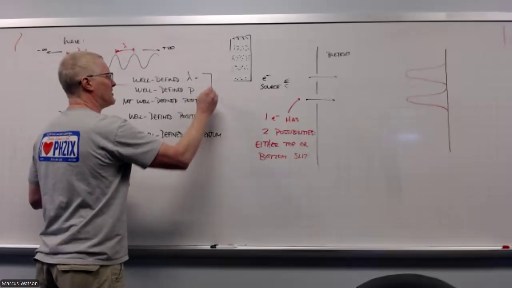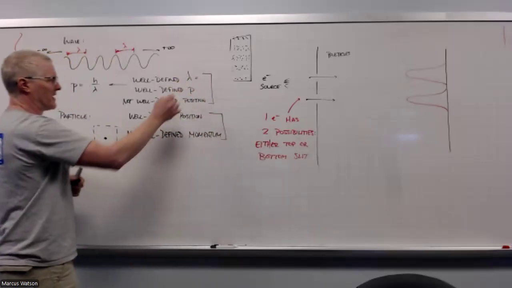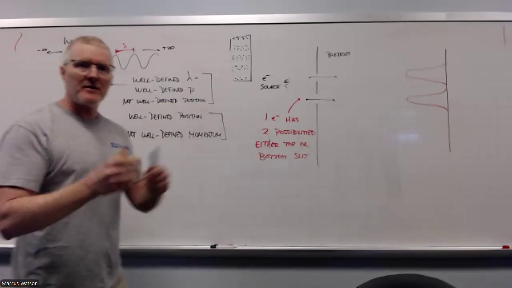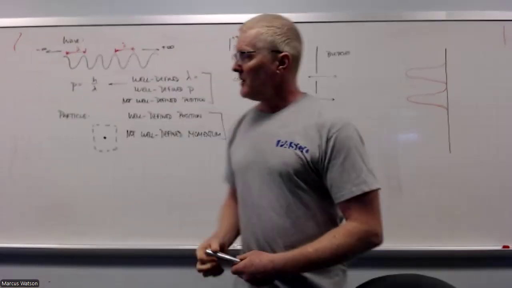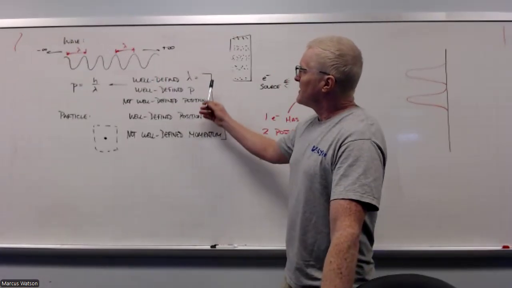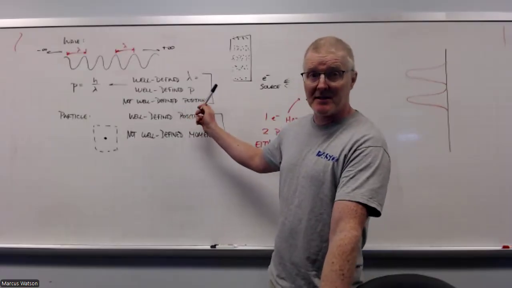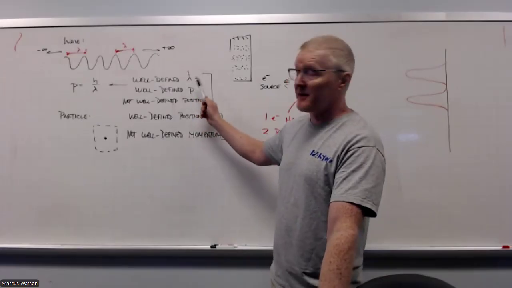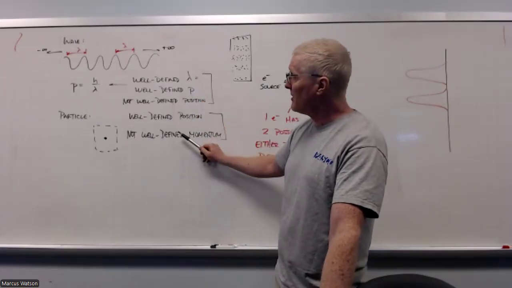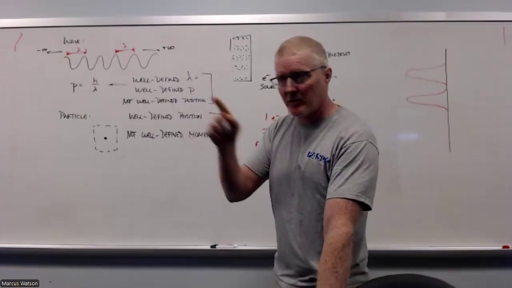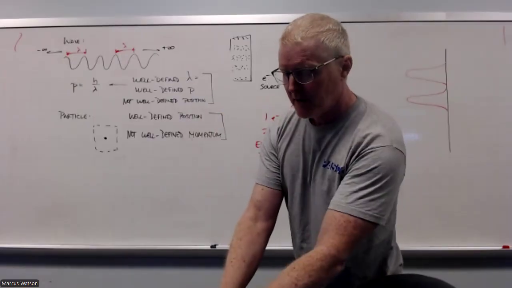You see, those go together and these go together. You see that they're opposites, right? The wave has no real clue as to where it is, but has a particular wavelength and therefore momentum, whereas the particle has a well-defined position, but we don't really know where it's going.